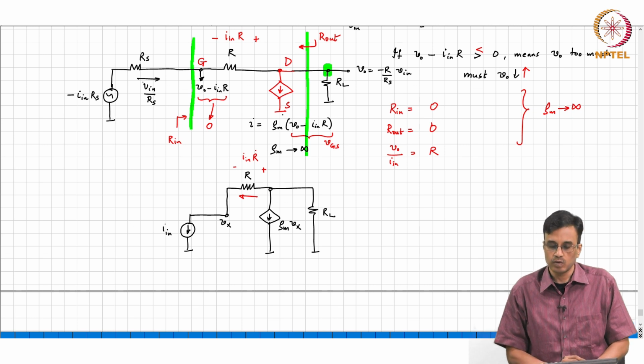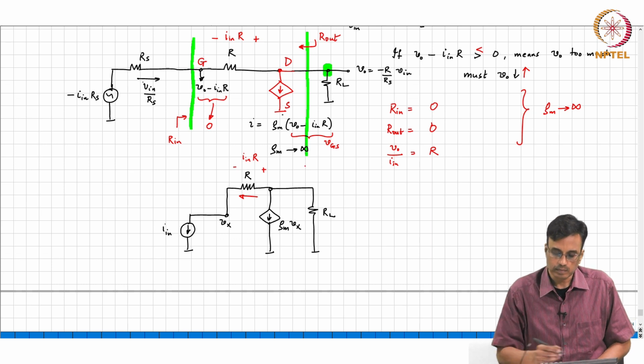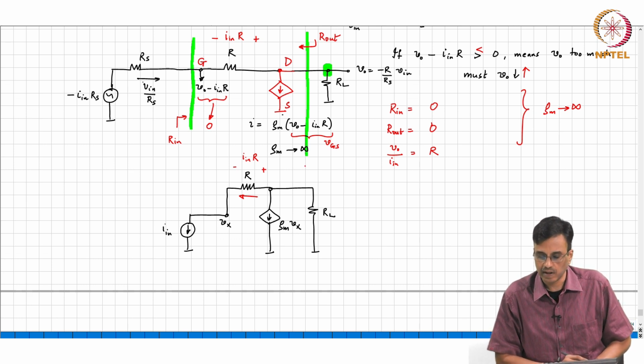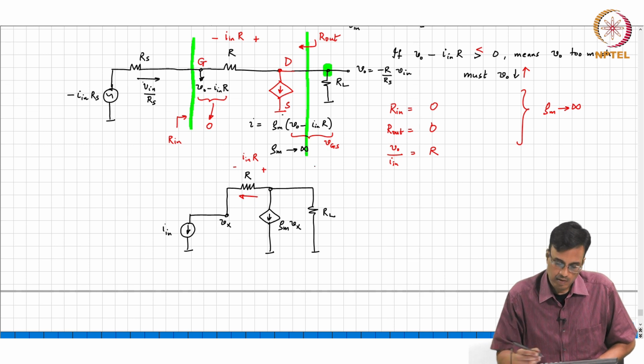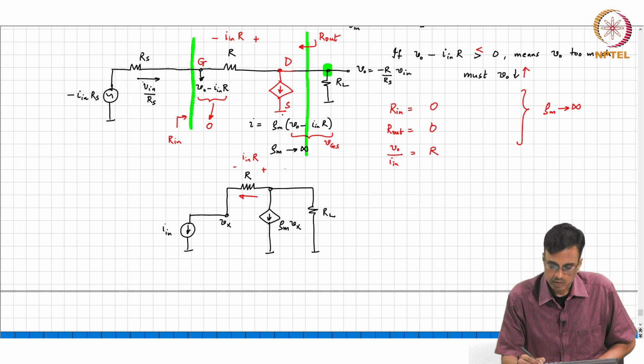All right. So now what is the only unknown? Or if you want to solve this network, what will we do? Yeah, you either find Vx or you find Vo. It doesn't matter.